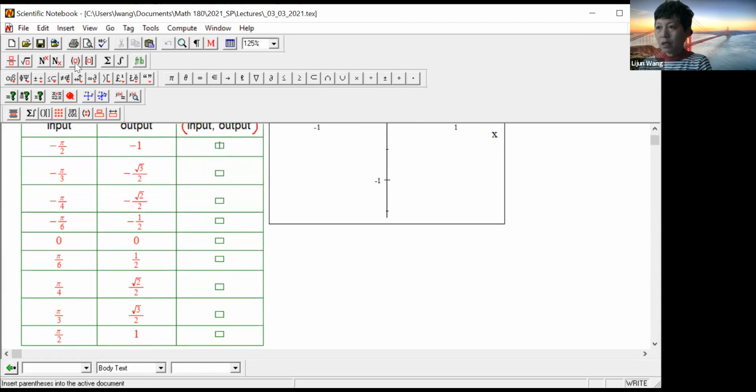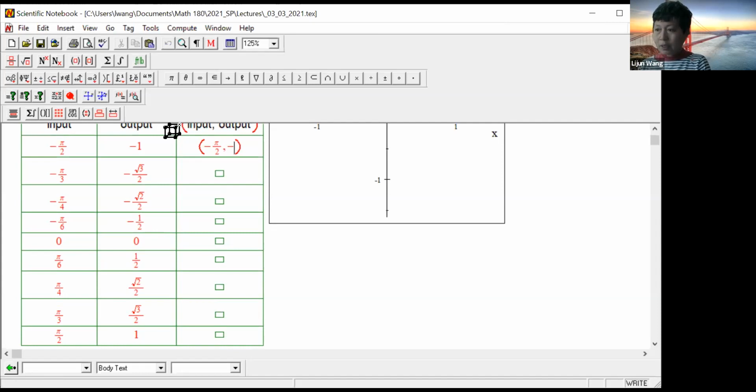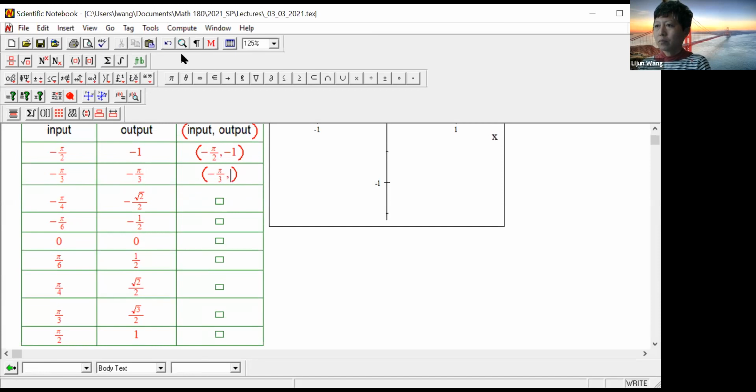So the points are input, output. When you do this, I want you guys to do it in a similar rhythm as I do here. This is the input. The input is angle, the output is ratio. The way we write it, right? Angle, ratio. Input, output.